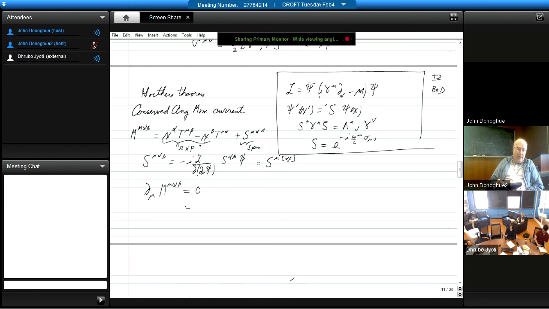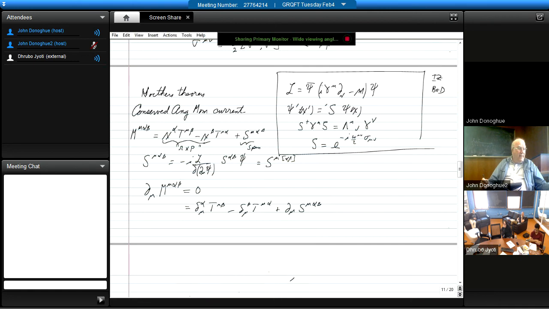Anyway, this conservation equation is, since T mu nu is conserved, you take the derivative here and you get delta alpha mu T mu beta minus delta mu beta T mu alpha plus the derivative of S alpha beta.